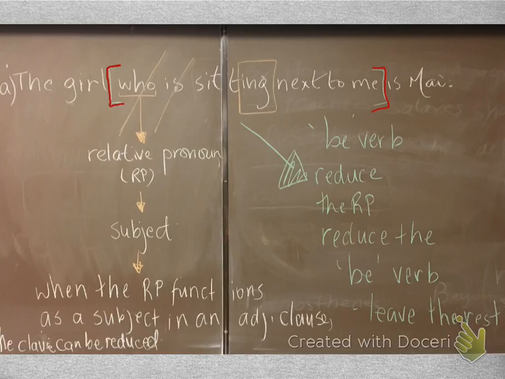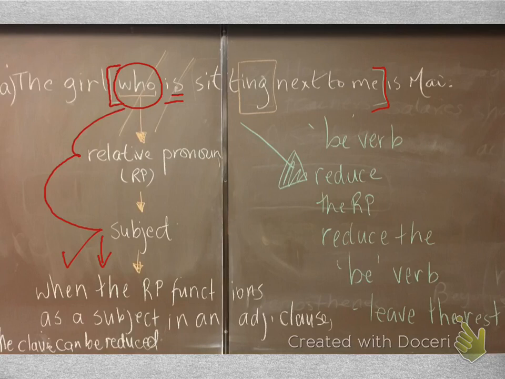And then we just need to look at the structure of this adjective clause. What is happening here and here? And if this relative pronoun is functioning as the subject in the clause, then we can reduce.